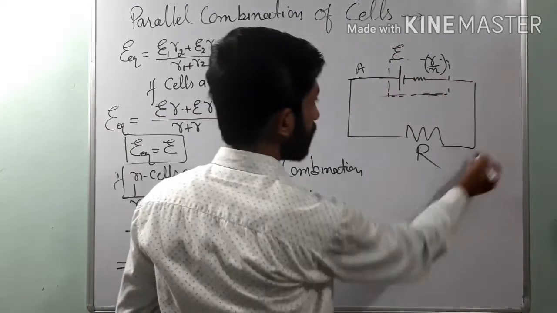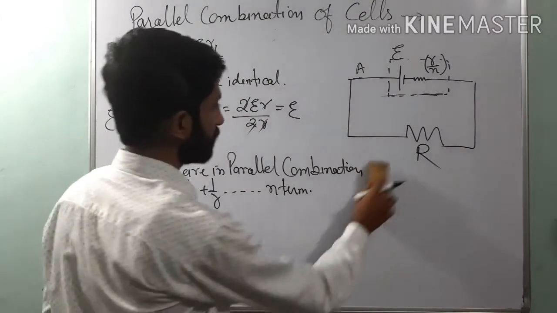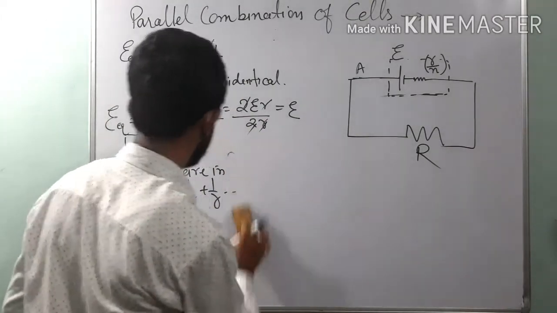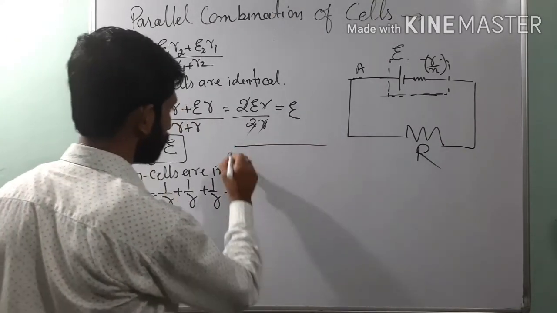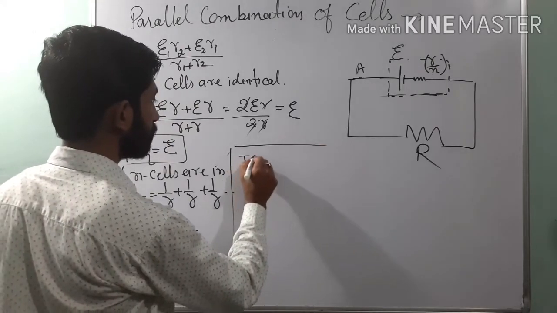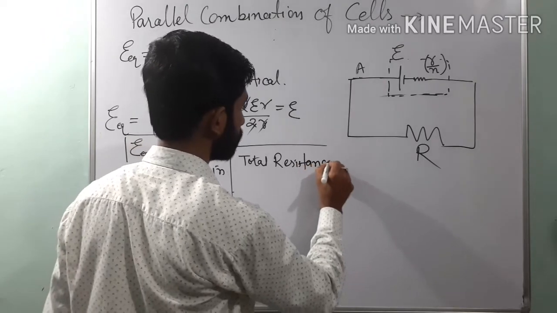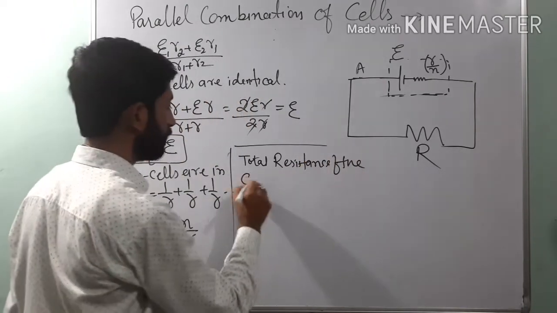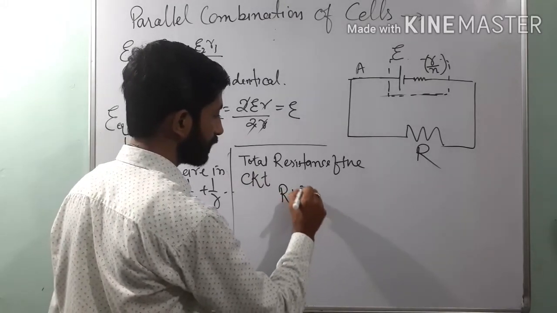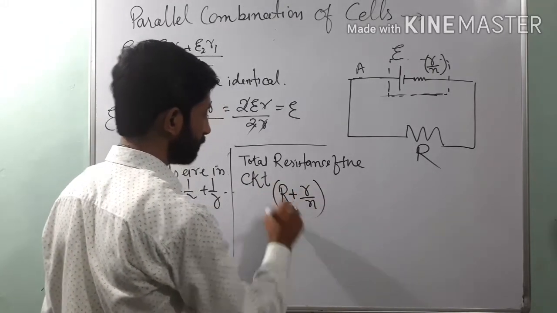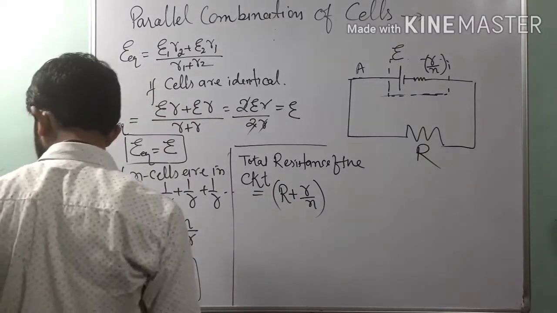So what is the total resistance of the circuit? The total resistance of the circuit is R plus R over N. This is the total resistance of the cell combination.